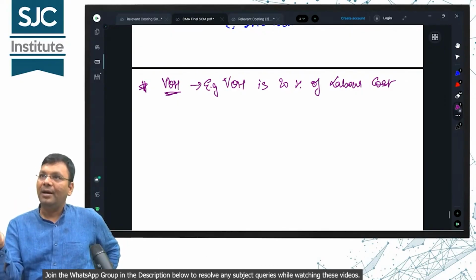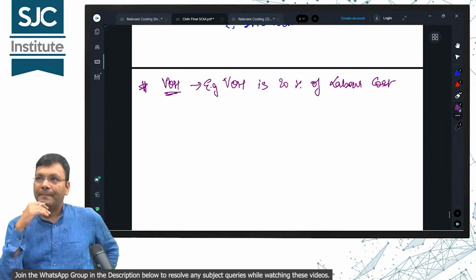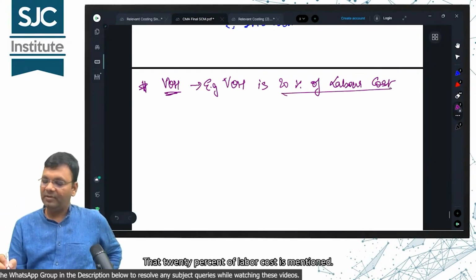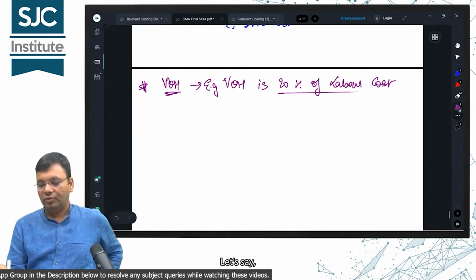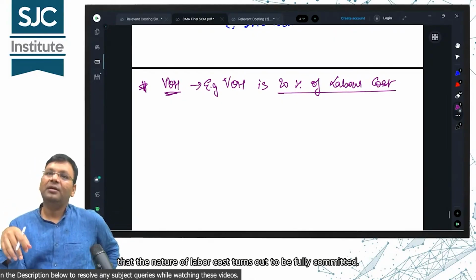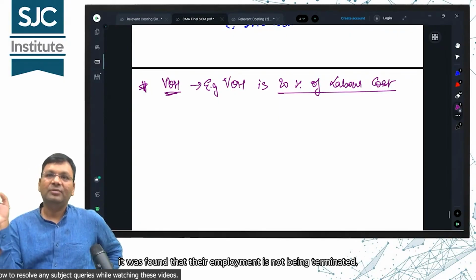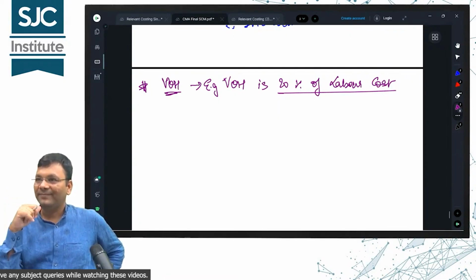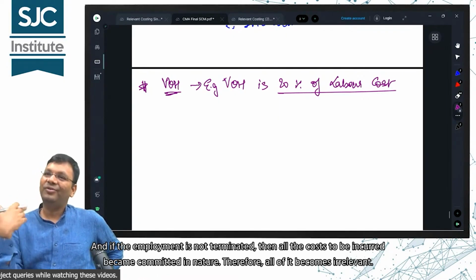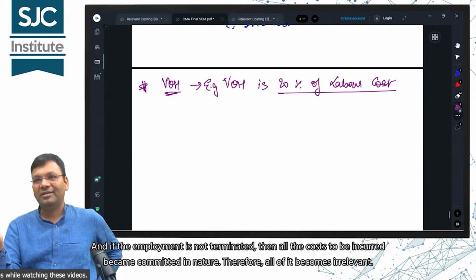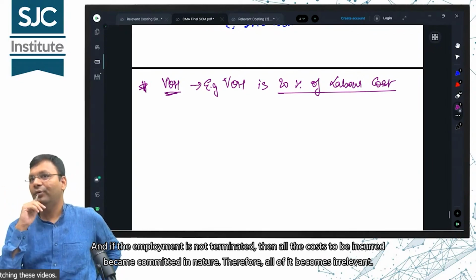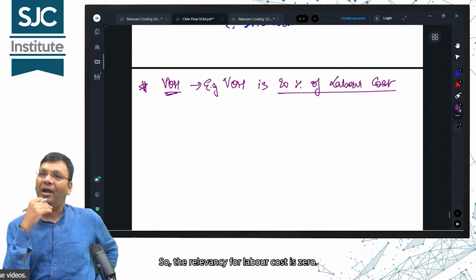Now there is one more interesting part. Let's say that the nature of labor cost turns out to be fully committed. When we look behind the text, it was found that their employment is not being terminated. And if the employment is not terminated, then all the cost to be incurred became committed in nature. Therefore, all of it becomes irrelevant. So the relevancy for labor cost is 0.